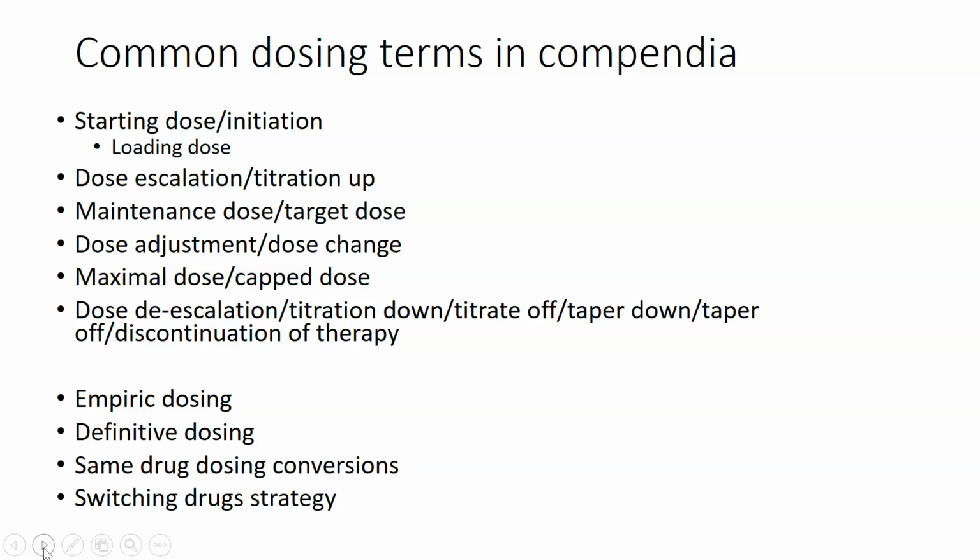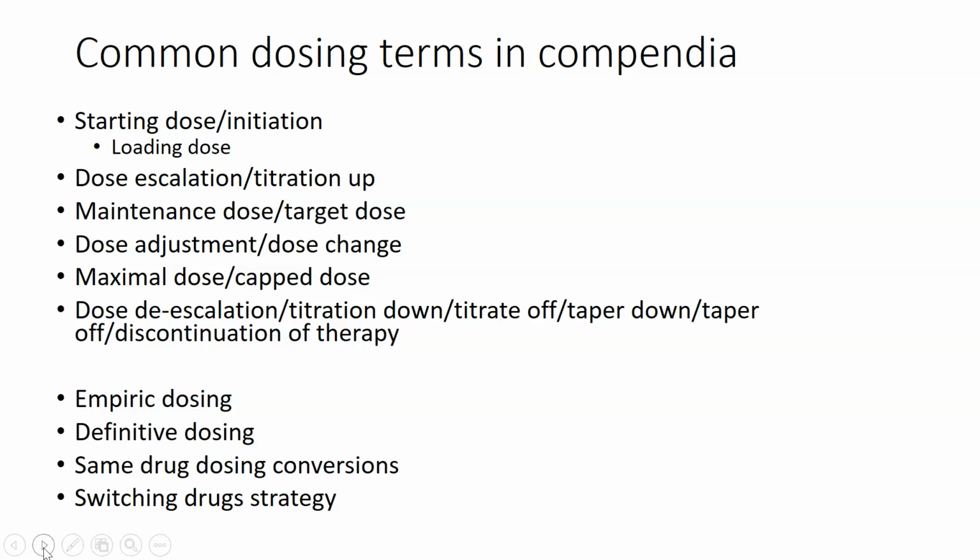So for example, switching a patient from immediate release to extended release or vice versa. So those dosing conversions are usually the same drug entity, so not across drugs, but within drugs, how we convert, for example, from an IV formulation, so a parenteral formulation, to an oral formulation, or between different dosage forms.